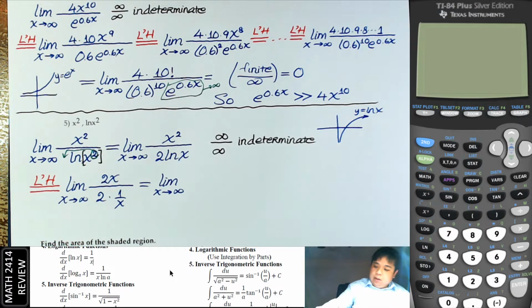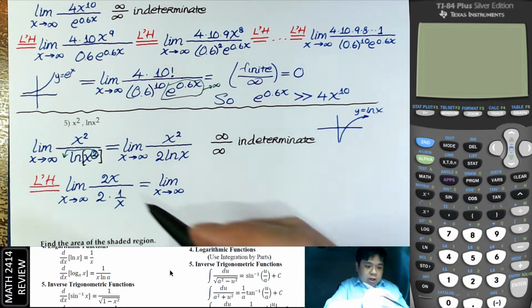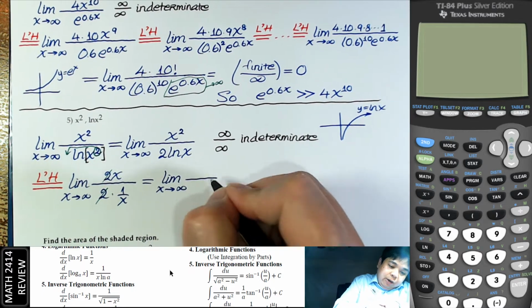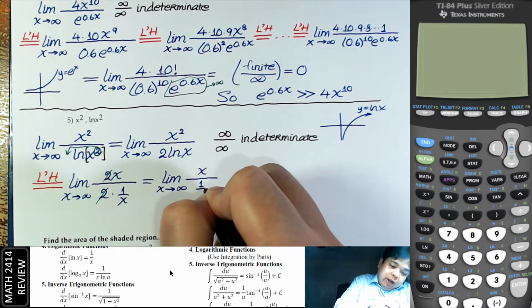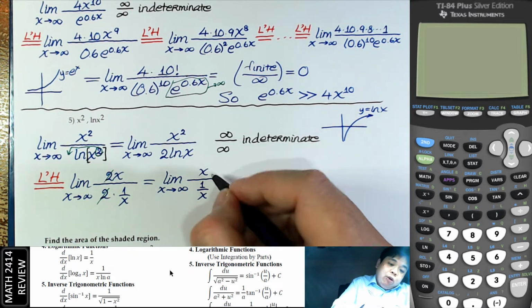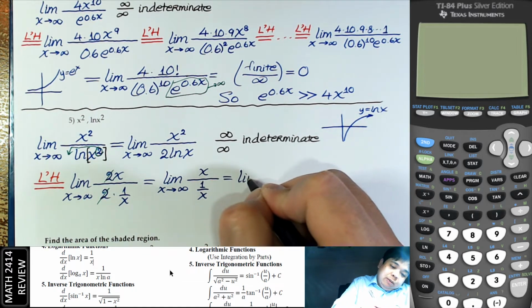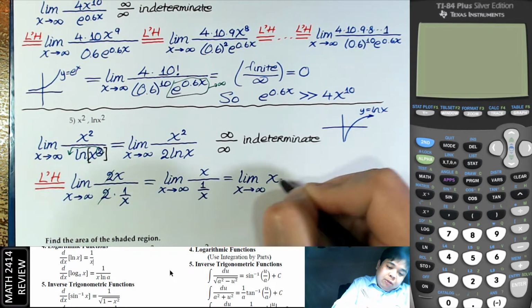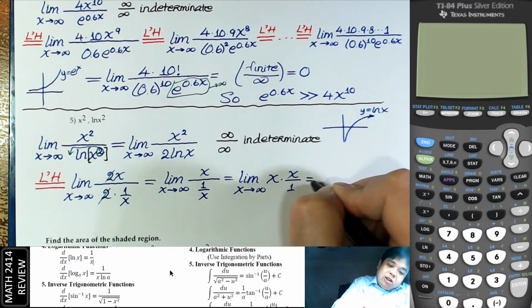Now, here we can cancel out the 2. And we have x over 1 over x. Now, divide by fraction is multiply reciprocal. X over 1. So that's just limit of x squared.